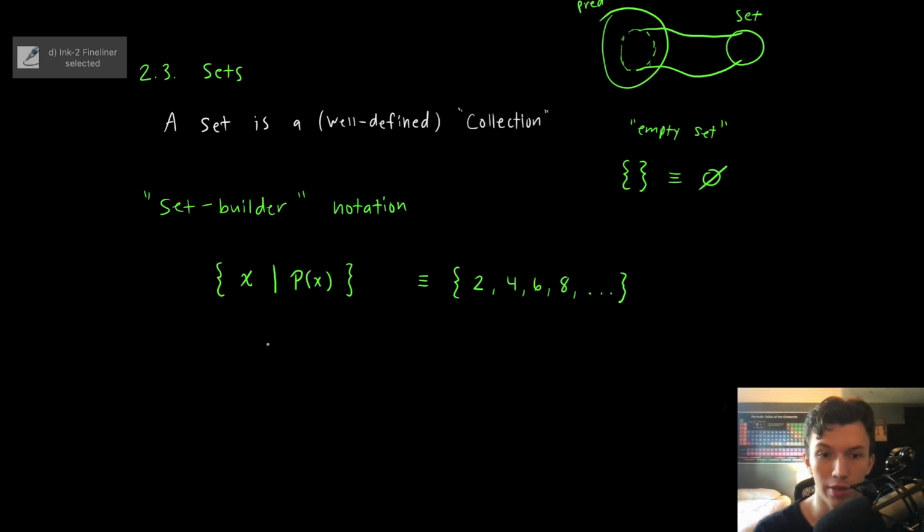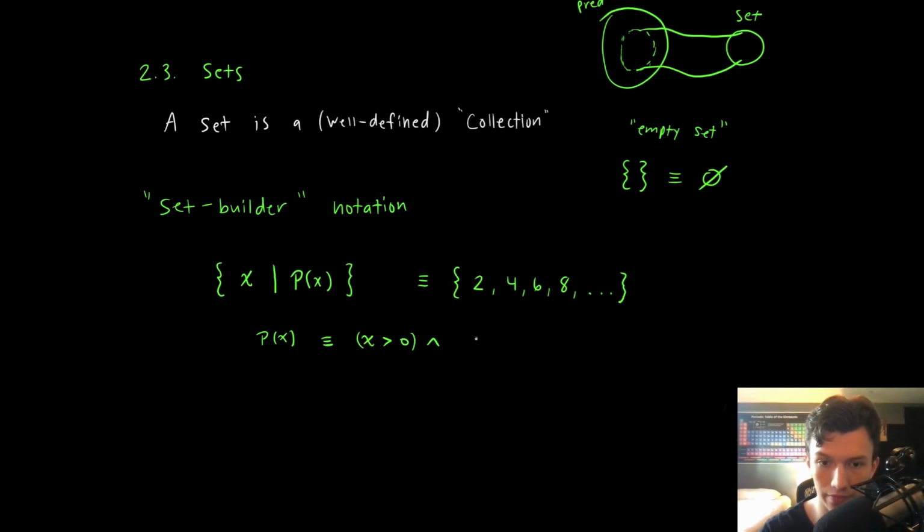So we want a predicate p, and in this case, p of x is the predicate that x is positive and even. So x is greater than 0 and x is even.